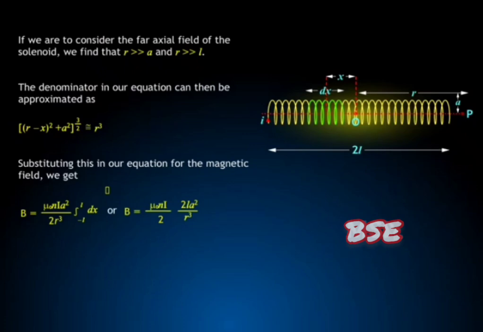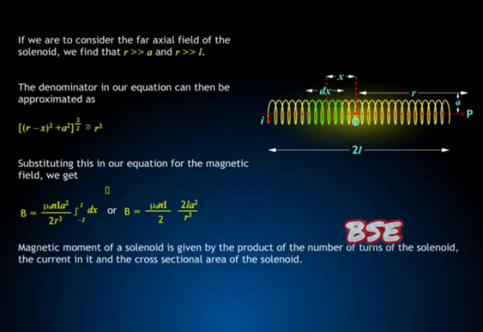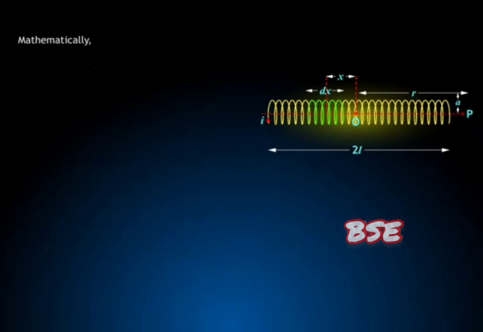The magnetic moment of a solenoid is given by the product of the number of turns of the solenoid, the current in it, and the cross-sectional area of the solenoid. Mathematically, m equals n into 2L into I into pi a squared.